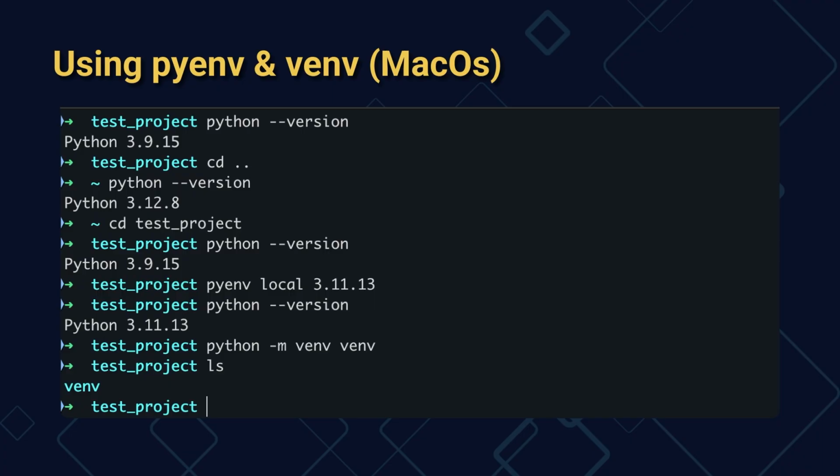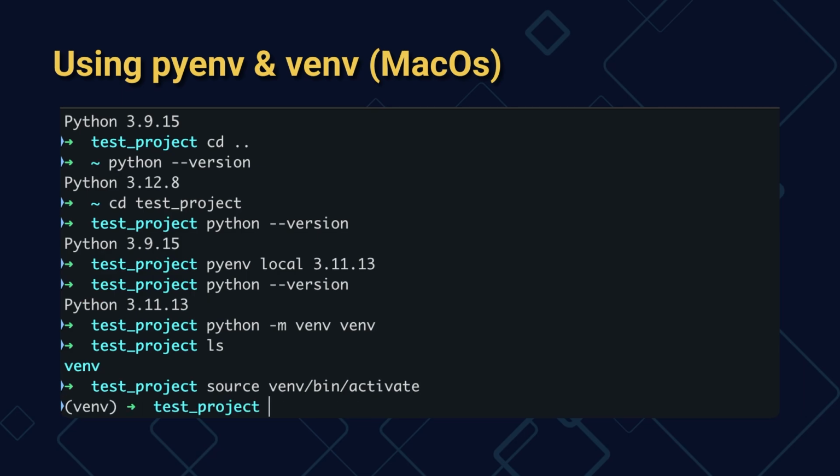Now I need to go inside that bubble. To do that, I write source, name of the environment, bin, and activate.